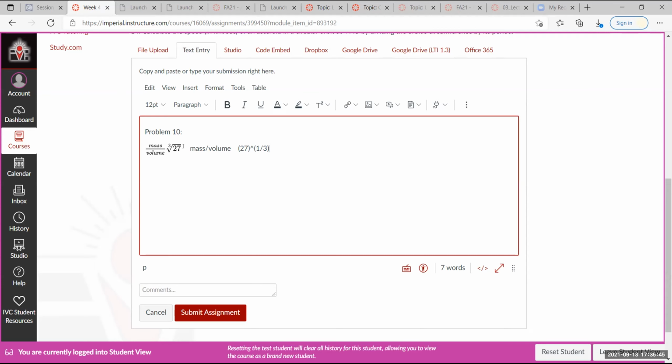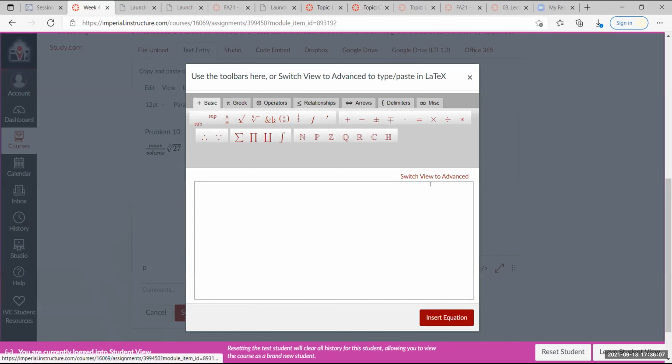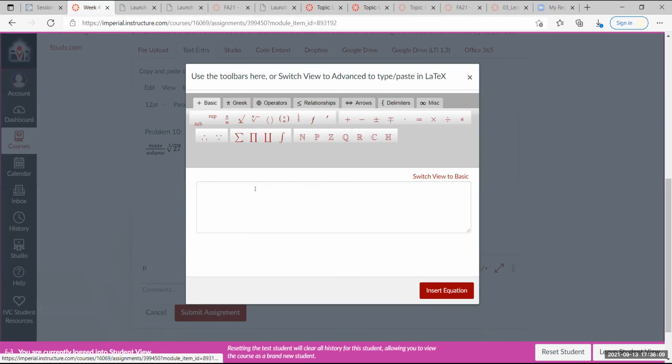So this is, in a sense, similar to this language. If you're familiar with the insert equations from this menu, that would be great. If you're not, then you can use the common convention that people are using. If you're too advanced and you want to use something even fancier than this, you switch this mode to the advanced mode, and that mode takes you into the so-called LaTeX representation.